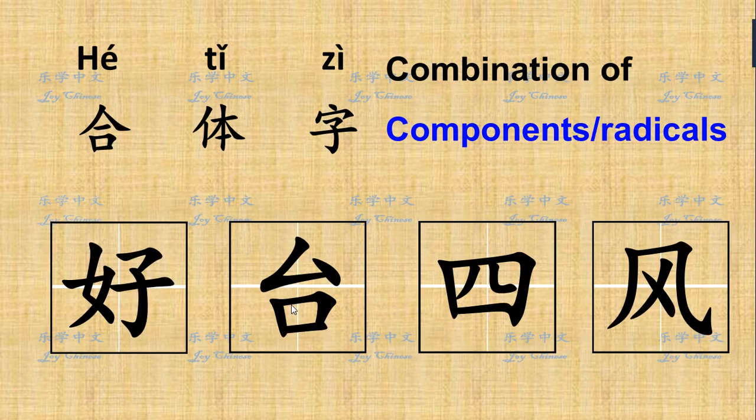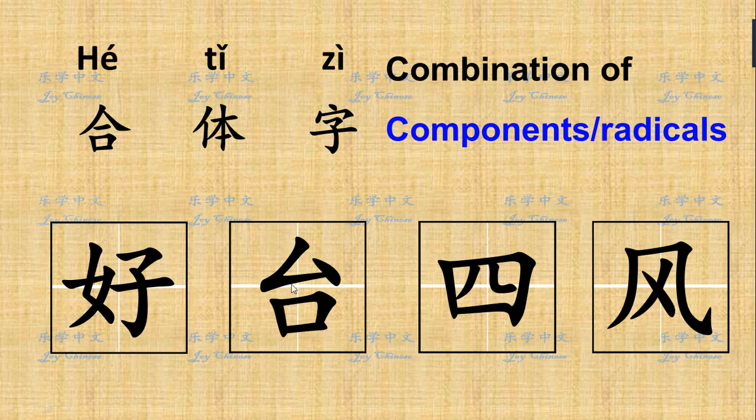Okay, 合体字, the second group, is a combination of different components. It can be a part, it can be a character. We also call it radicals. Let's see an example, like this one. We learned it means good, 好. It's a combination of two characters. Left is girl, right is boy, and together it means good.